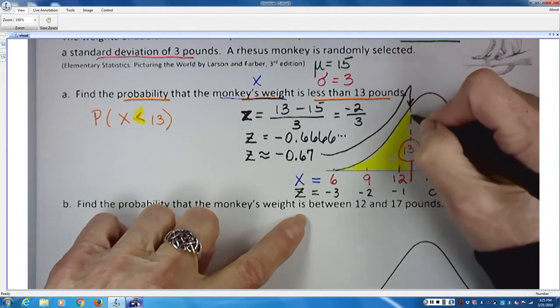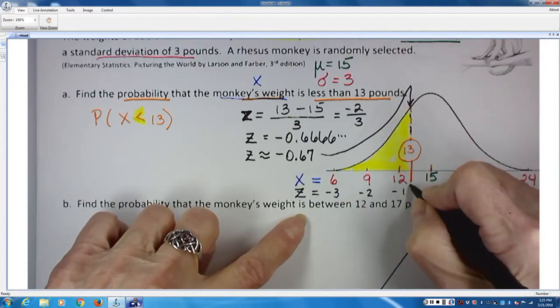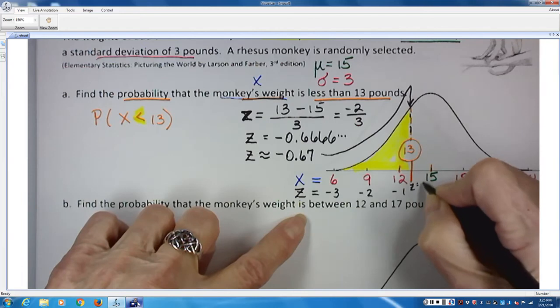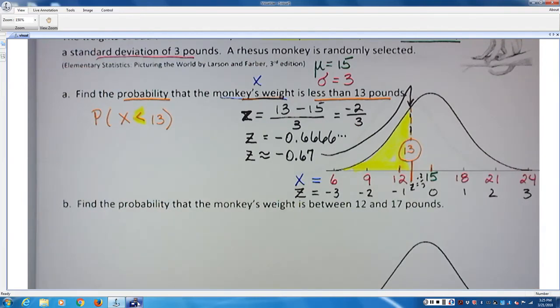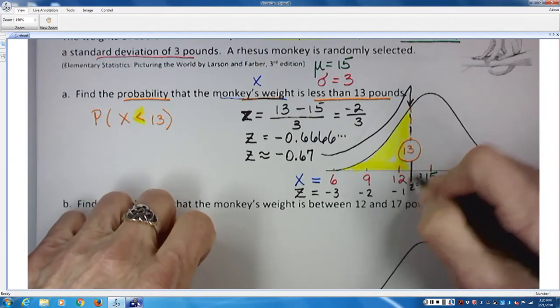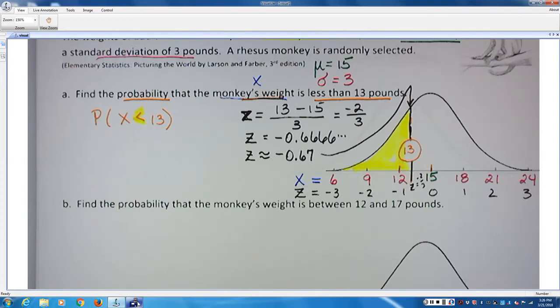So that's the same line as we marked off with the 13 pounds. All that's telling us is that this line is about two-thirds of a standard deviation below the mean, less than the mean.